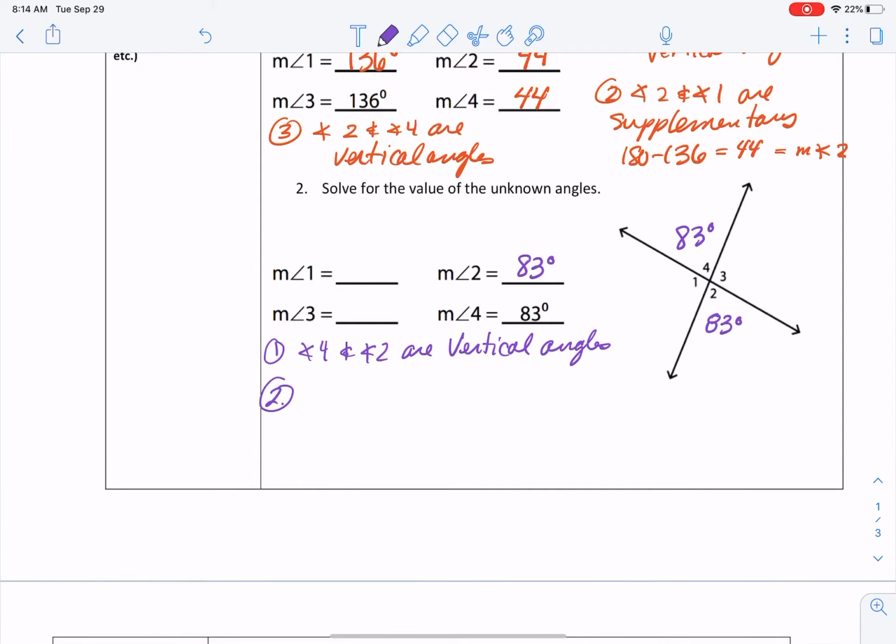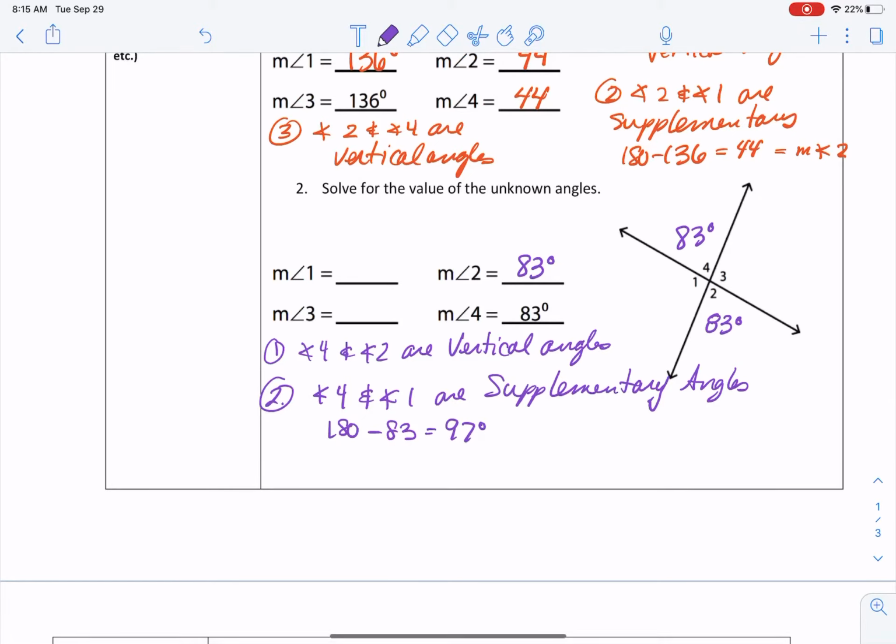Then I can say that angle 4 and angle 1 are supplementary angles. That means that 180 minus 83 equals 97 degrees, which is the measure of angle 1.